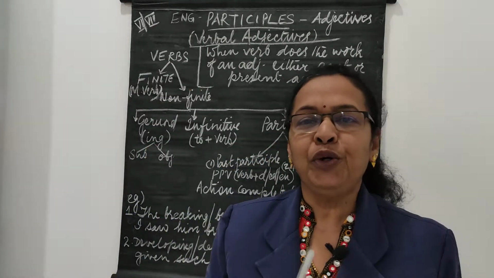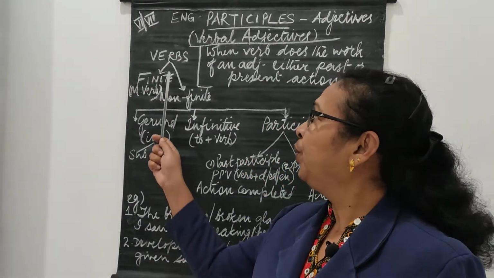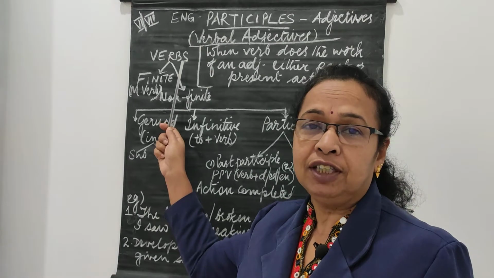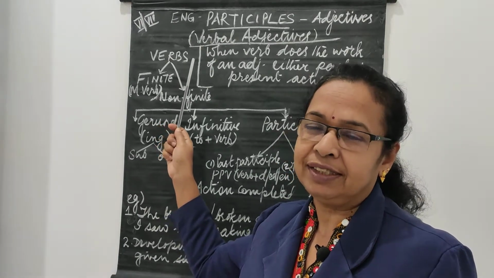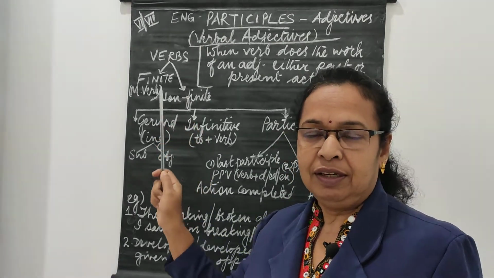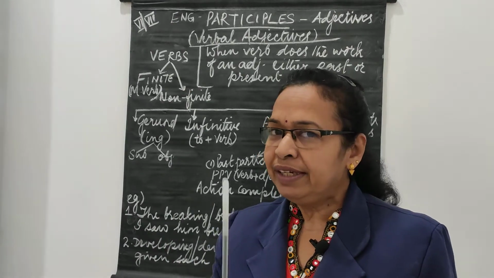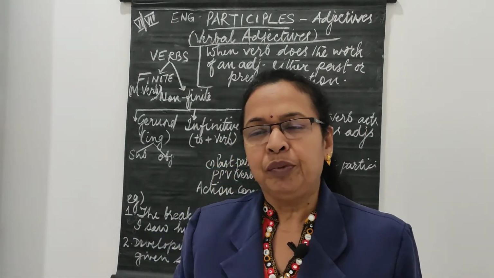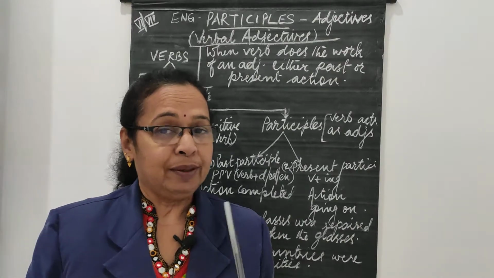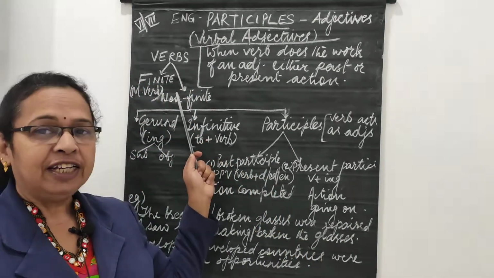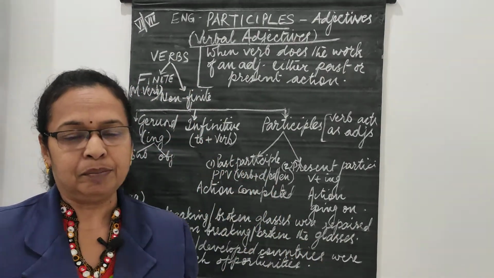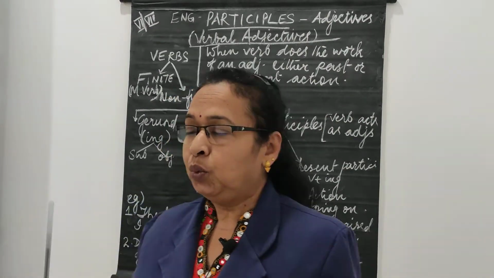But before we move on to participle, let's take a recap of what you have learned in the previous class regarding verbs. What is a verb? A verb is an action word, as you know. Verbs are of two types, finite and non-finite. What is a finite verb?